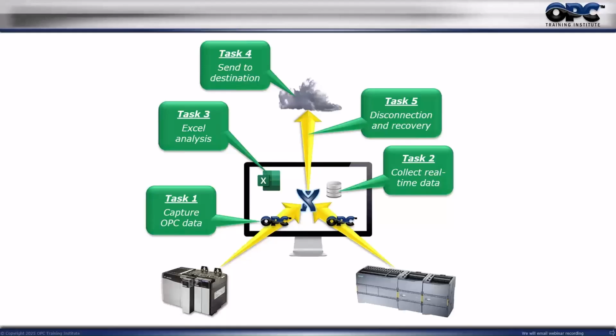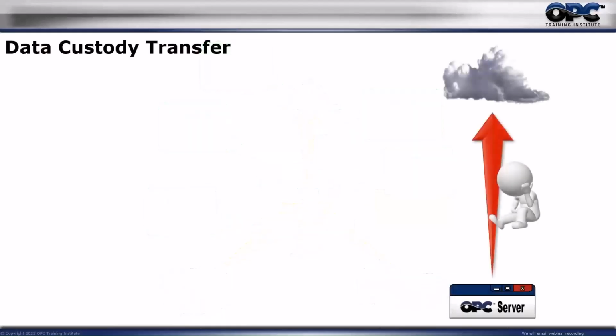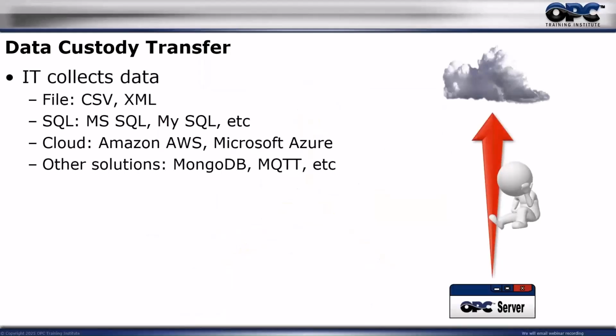The problem we have at hand is the data custody transfer. That's the challenge. So it turns out IT obviously collects data using either files like CSVs, or maybe they'll keep it in XML. Typically, we see a lot of SQL, like Microsoft SQL, MySQL, Postgres, Ingres SQL. It might be Oracle, any kind of SQL database.